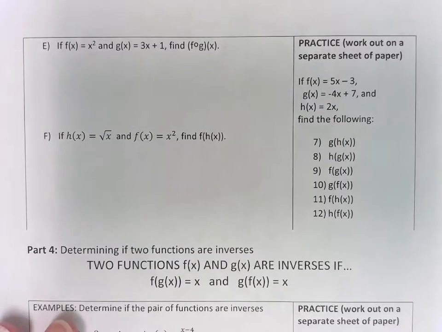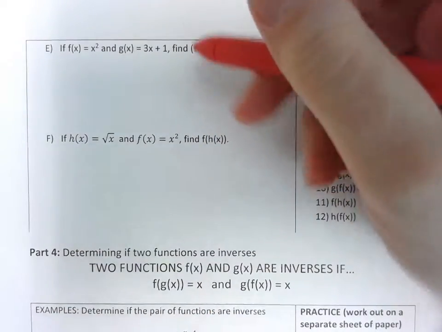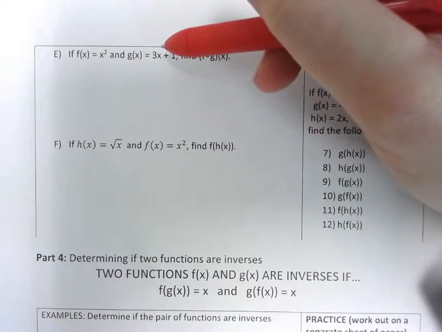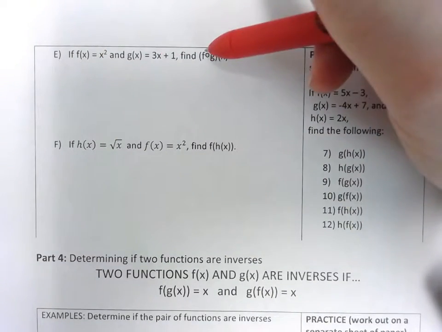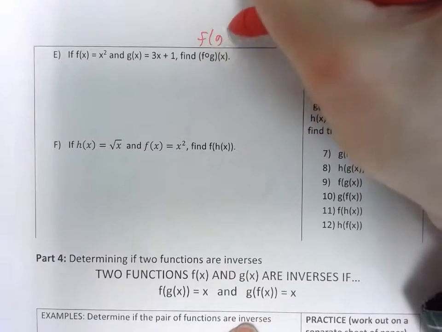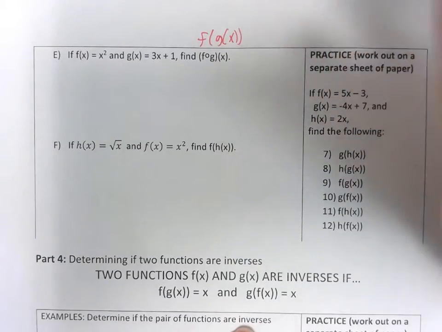Okay, on to the next page. We're going to do more of this, just a couple more examples so you can see. In this case, I have f of x equals x squared, g of x is 3x plus 1, and I want to know f of g of x, and that is f parentheses g parentheses x. We don't have a number to plug in, so we have to do this manually.